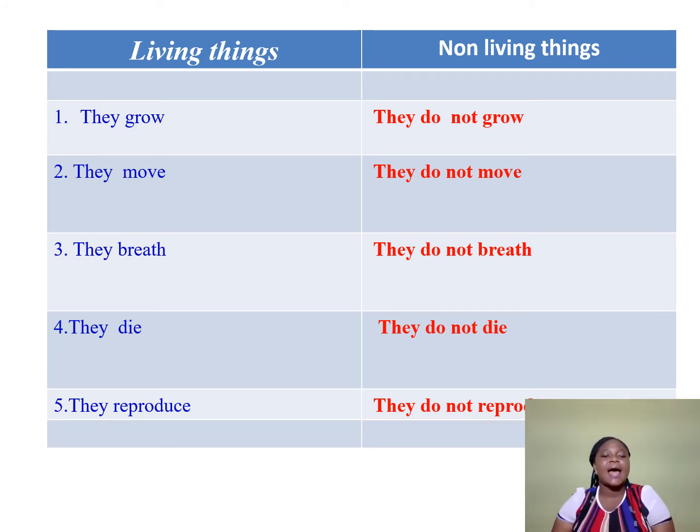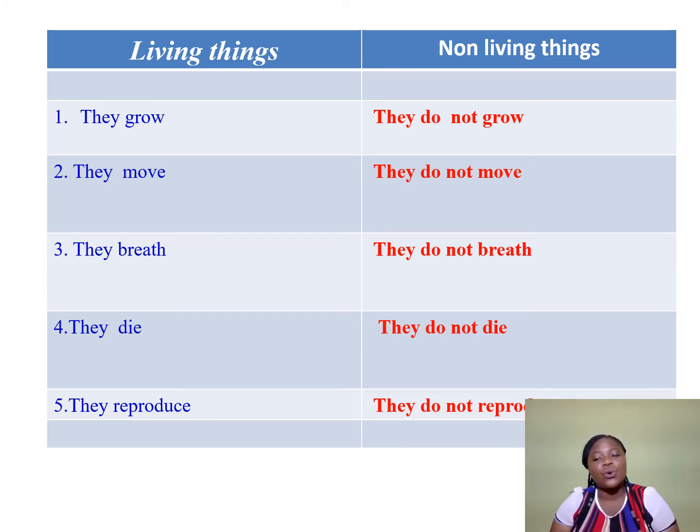Living things die. You ultimately die. Non-living things do not die. Living things reproduce. Living things do what? They reproduce. Non-living things do not reproduce. So I take up the differences again. Living things and non-living things. Good. 1.